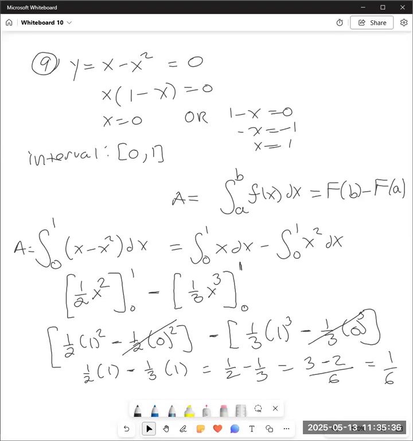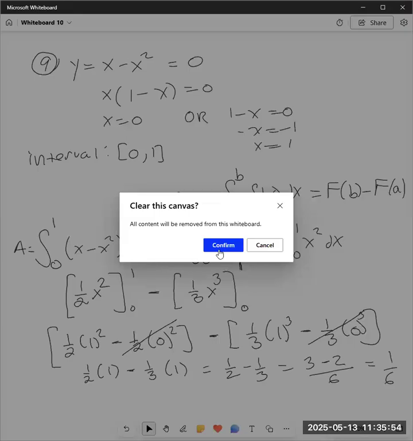Let's go ahead and look now at number 11 from the textbook. If you look at the picture there, you're going to see that I don't have any x-intercepts. I just have to use the picture that's given to me to get my limits of 1 to 2.